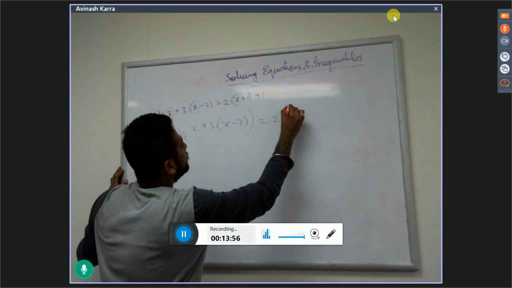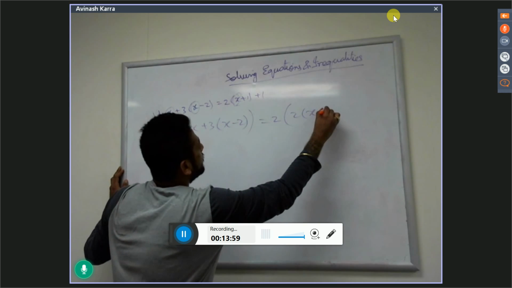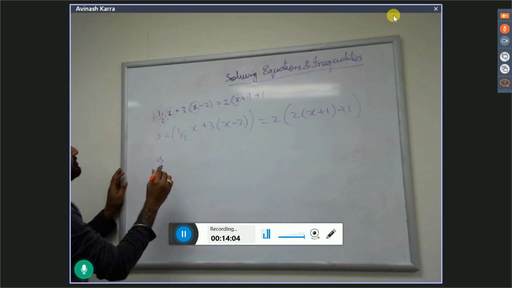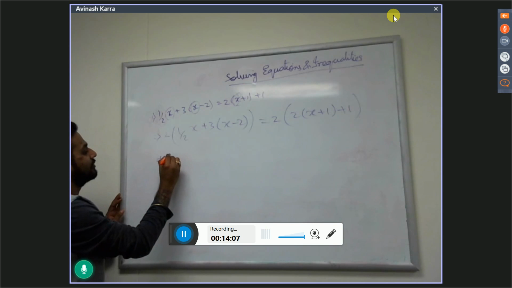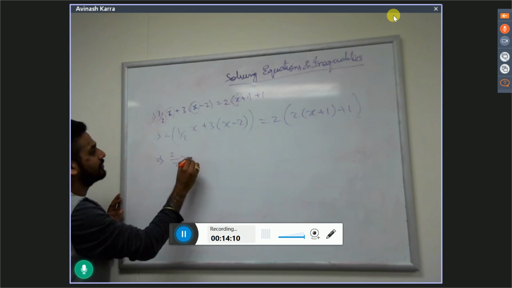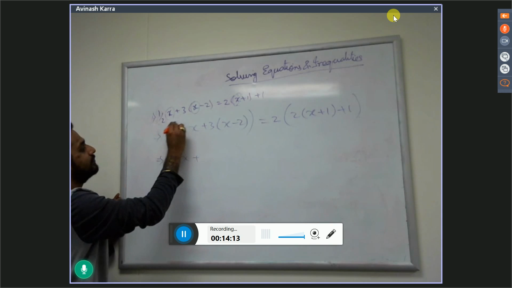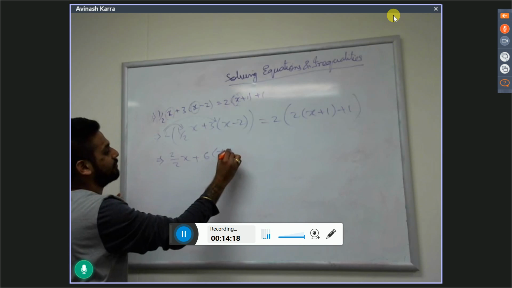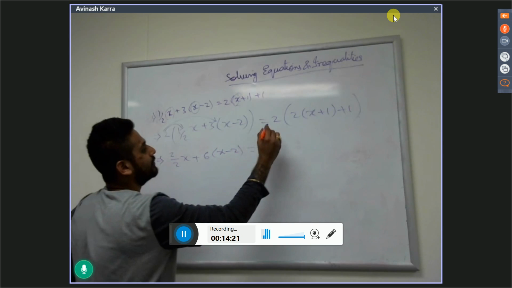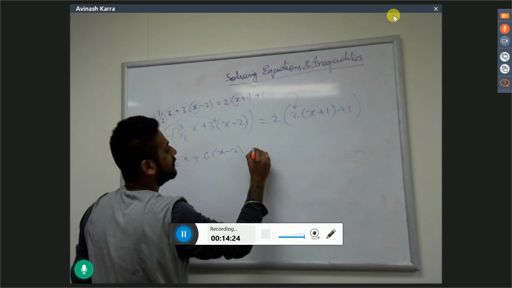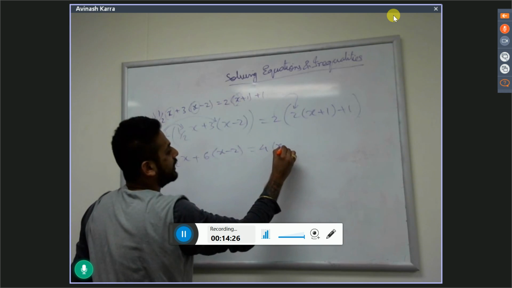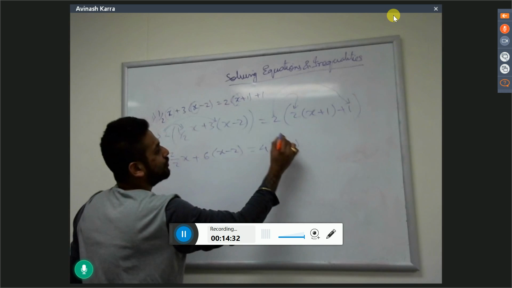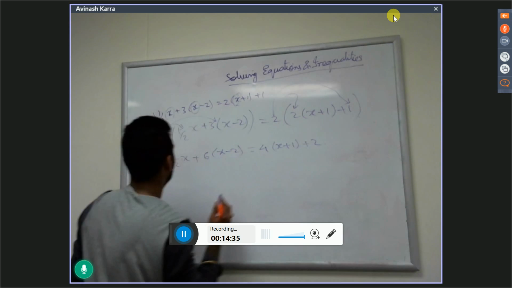is equal to 2 into (x plus 1) plus 1, right? So what will be the next step? The 2 goes inside. So 2/2 x plus 6, 2 into 3, into (x minus 2), is equal to 2 into 2, 4 into (x plus 1), plus 2 into 1, 2.